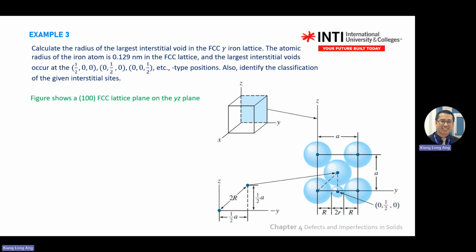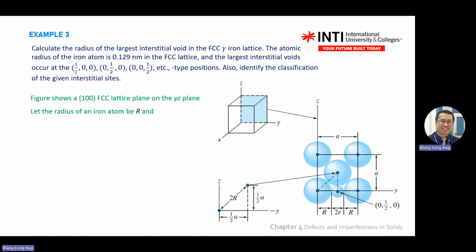You should already know how to draw the plane; 1, 0, 0 is the one you see here. In FCC you have one in the center and four at the corners.